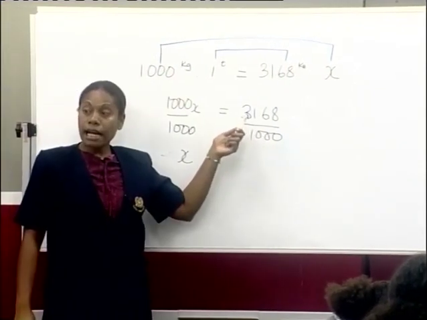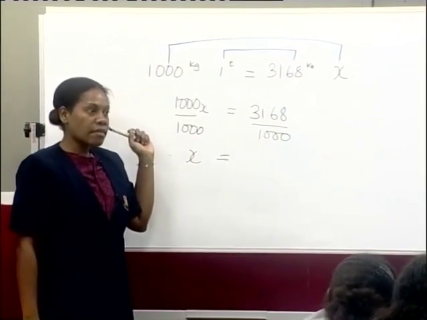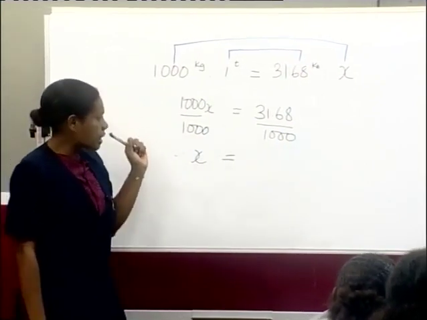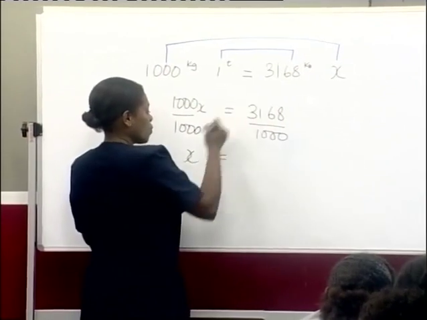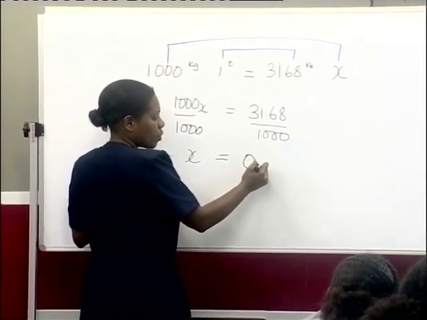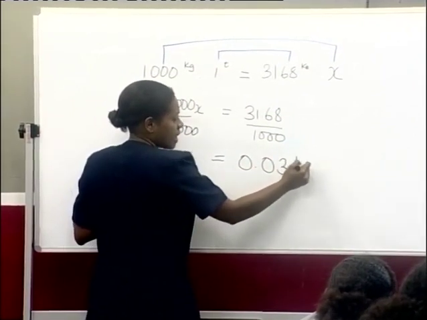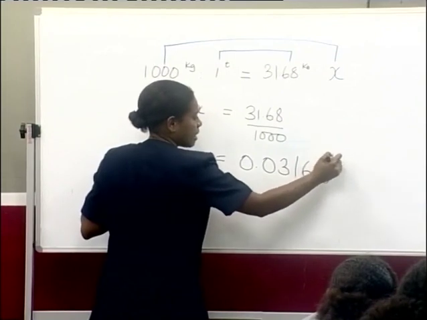Decimal point to the left, how many times? 3 times: 1, 2, 3. So our answer will be 0.03168 tons.